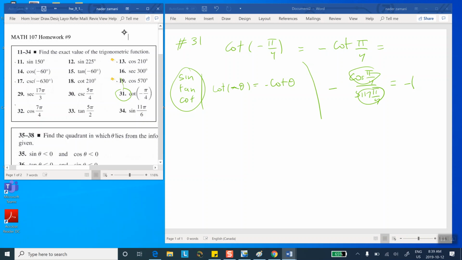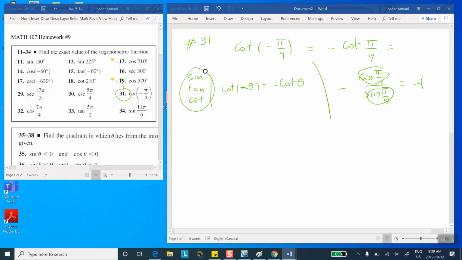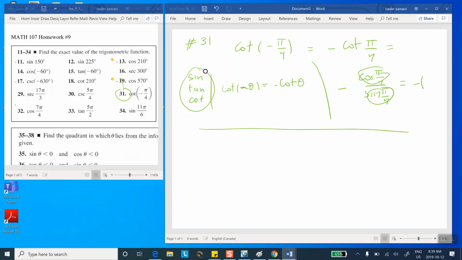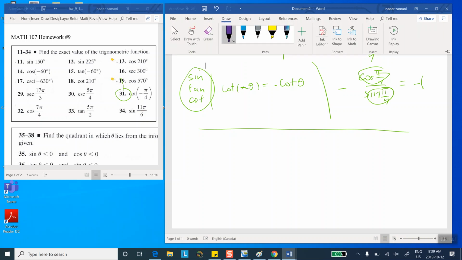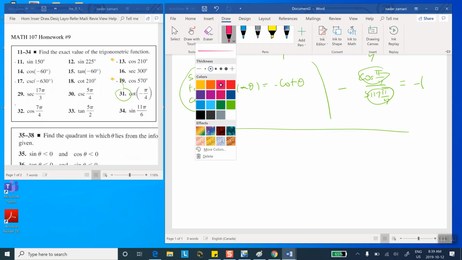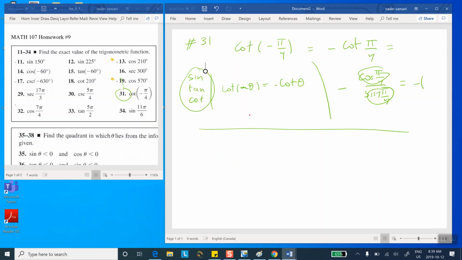Let's go ahead and do number 32. Okay, 32. What have we got there? Cosine of 7 pi over 4.